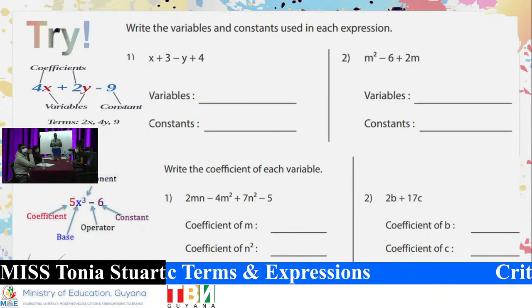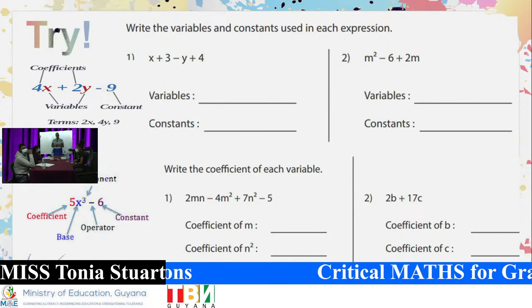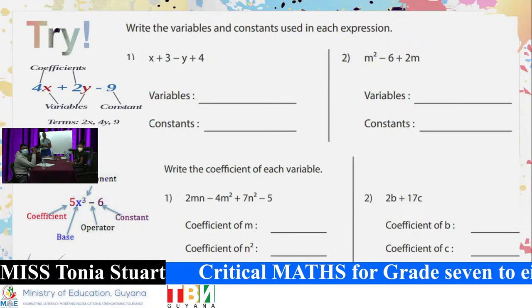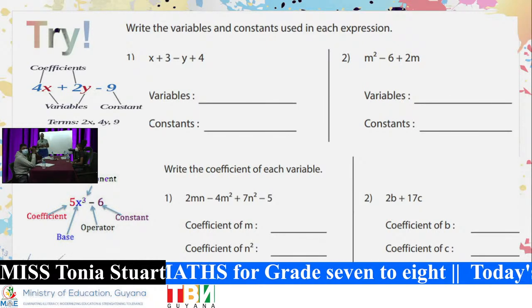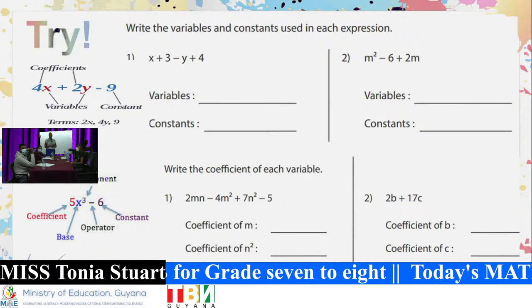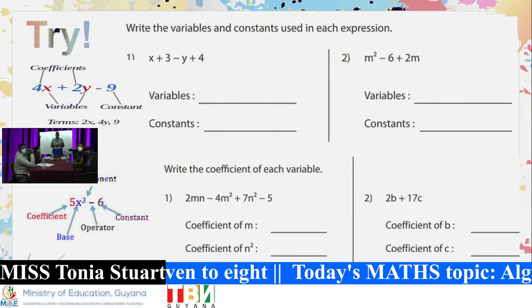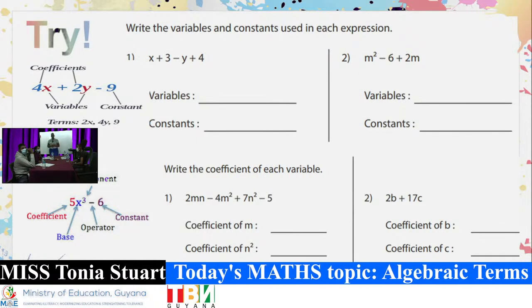X and negative Y. Shamar, your constant would be -6. And your variable, remember, is only the letter, not the power or the degree or the exponent. All right, just the letter.